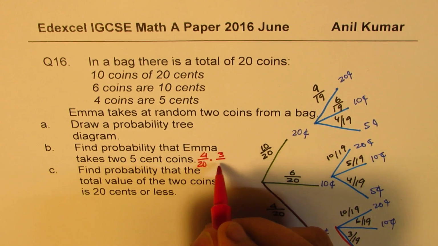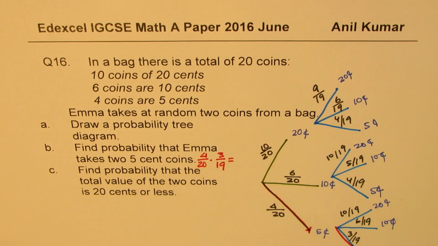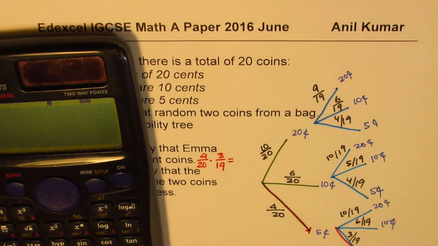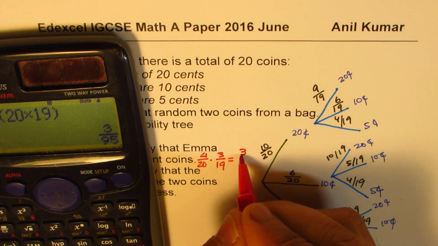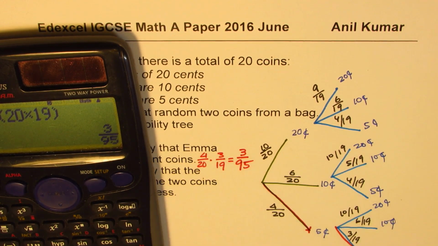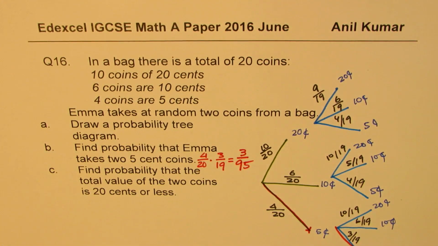So let's multiply and write down. We get 12 divided by 20 times 19, so that gives you 3 over 95. Perfect. That is the probability of getting both 5-cent coins.